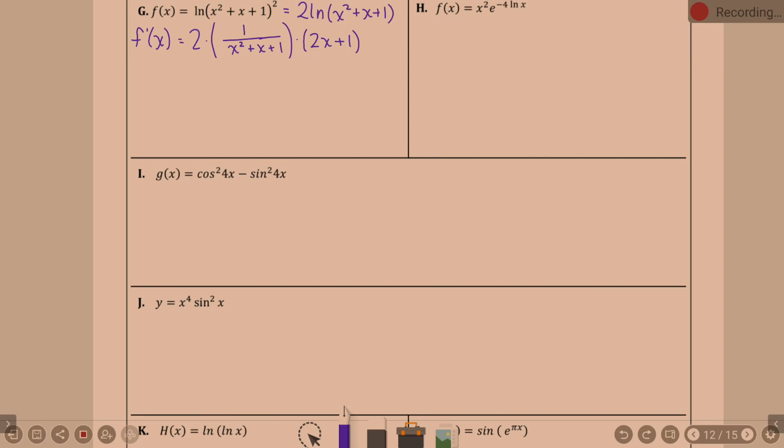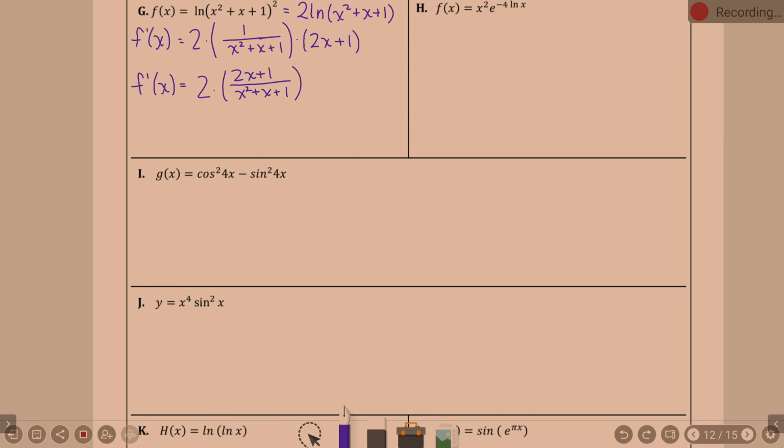In terms of cleaning this up a little bit, you can always leave it, but that's not necessarily ideal. This usually would be made as one fraction at least, where the derivative of natural log of something is 1 over something times the derivative of something, that's that 2x plus 1. You would usually see that 2x plus 1 written on top. So I would say 2 ways to write this. You could say 2 times the quantity 2x plus 1 over x squared plus x plus 1.